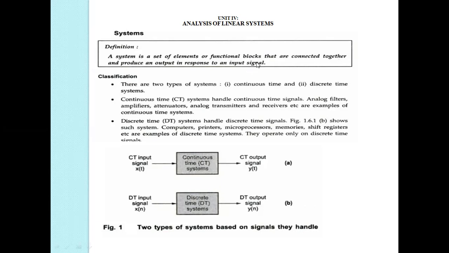There are two types of systems, continuous time and discrete time. A continuous time system handles continuous time signals as an input. Analog filters, amplifiers, attenuators, analog transmitters, and receivers are examples of continuous time systems.